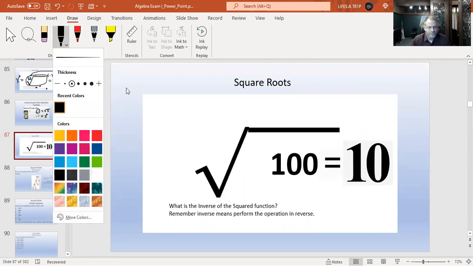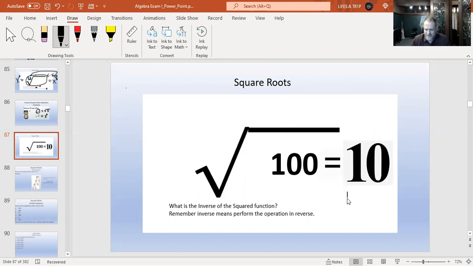So let's see if I'm correct. 10 times 10, that's supposed to be a times, guys, equals 100, correct? And 10 to the second power is the 100.